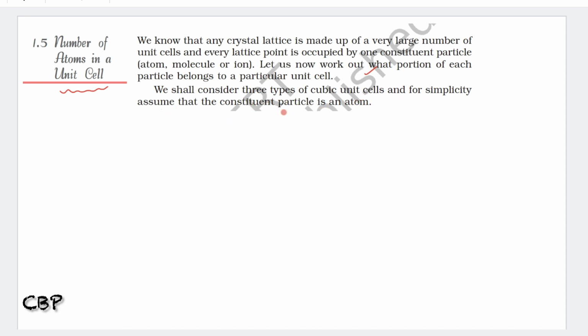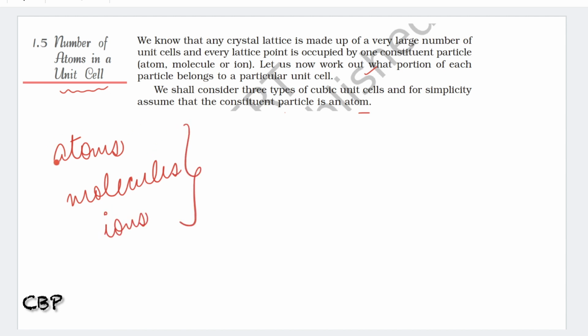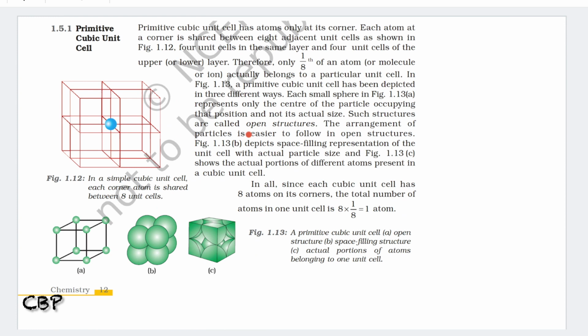Assume that the constituent particles are atoms, though they could be molecules and ions. Here we consider that our constituent particle is an atom. The first one is the primitive cubic unit cell.